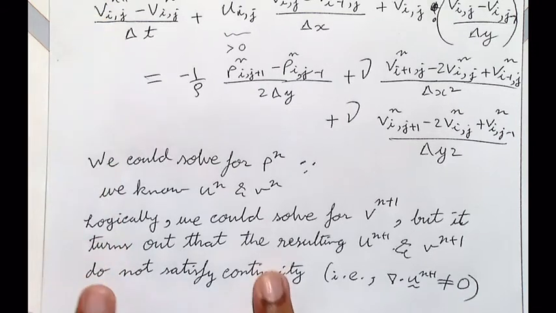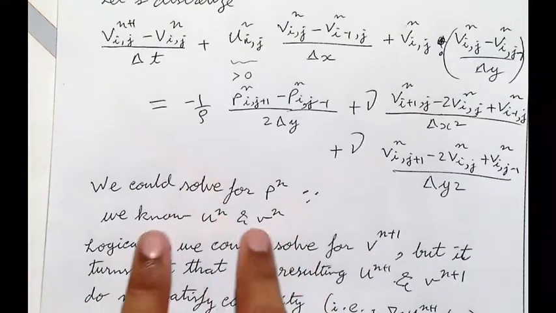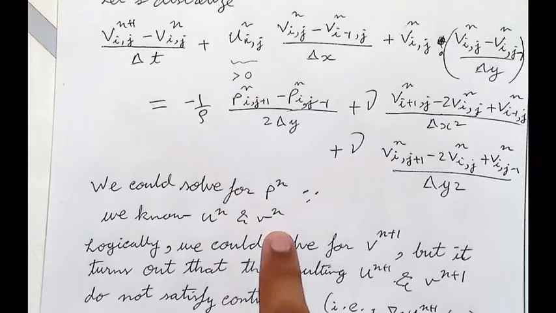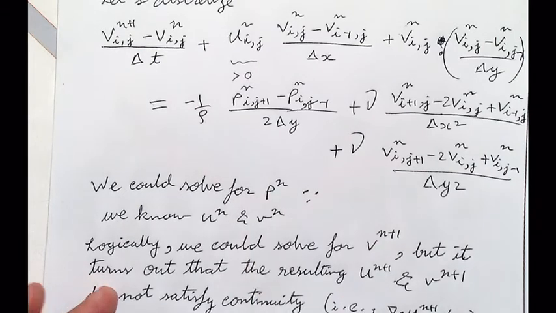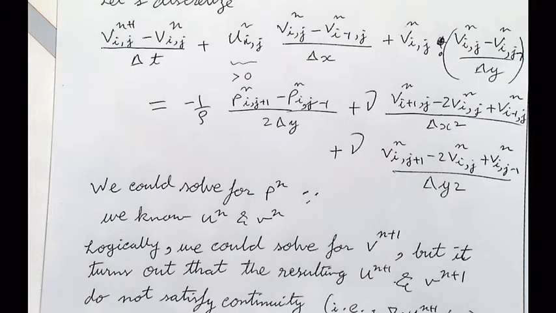All we did up to this point was we said we can solve for P from the current U and V. If the current U and V satisfy continuity, that's okay. That just gives me the pressure. But when you take the next step, you have not enforced any constraint that the new velocity vector should satisfy continuity. I mean, it should satisfy, but it doesn't. I can conclude from the equation that it doesn't.